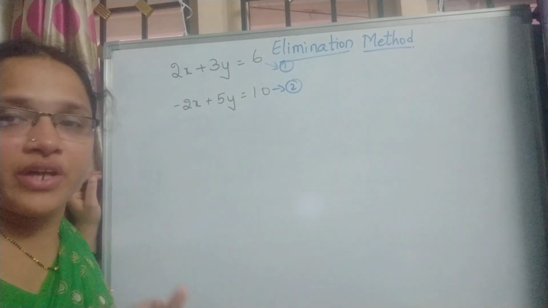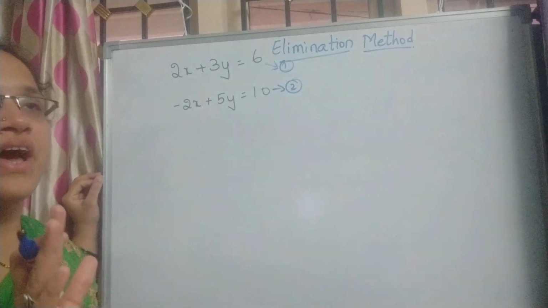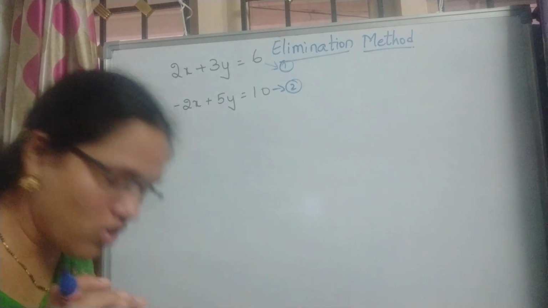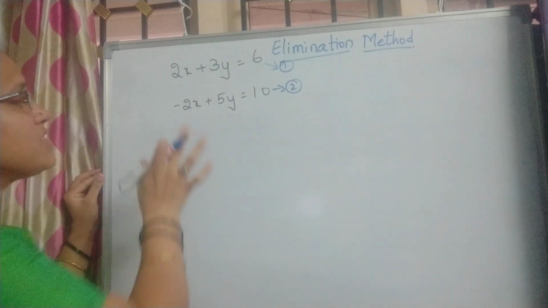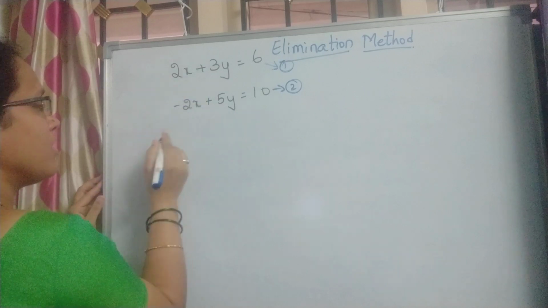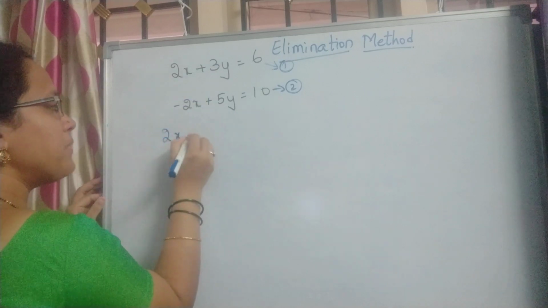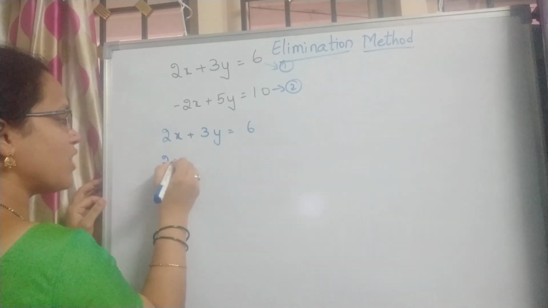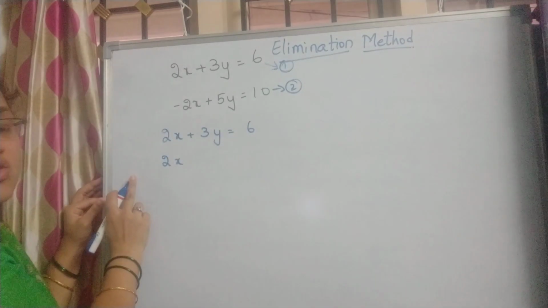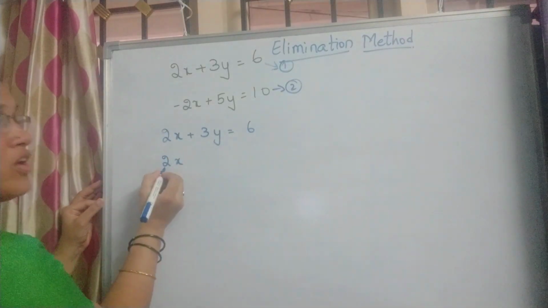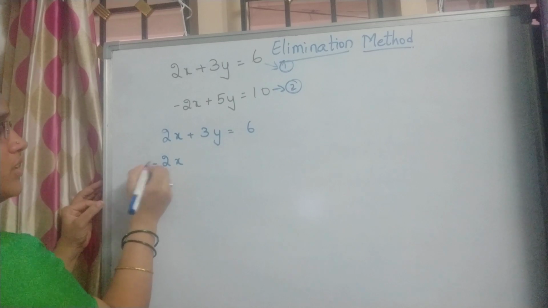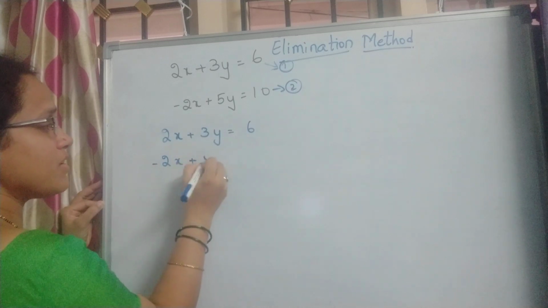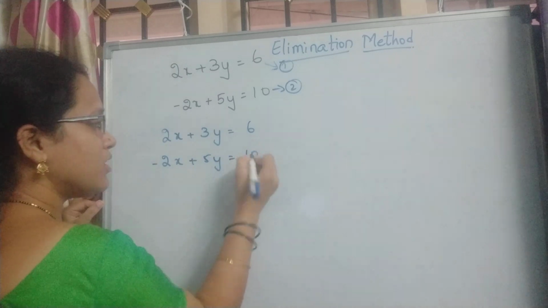In order to take away, you should have the same coefficient for that variable. Suppose you want to eliminate x. Then you should have the same coefficient. Are you having the same number? Yes, the second equation also has the coefficient of x as 2.